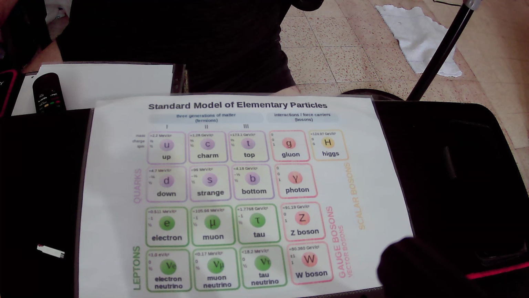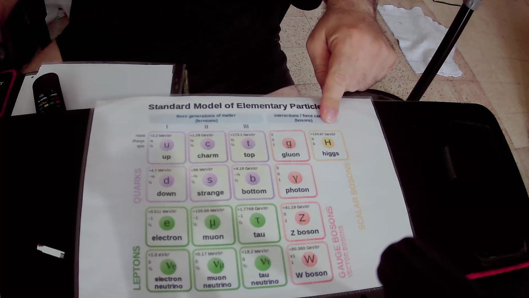On March 14th, 2013, the physicists at the particle accelerator in Switzerland announced that they are largely convinced that the particle they discovered is indeed the Higgs boson. Okay, that is the Higgs boson.